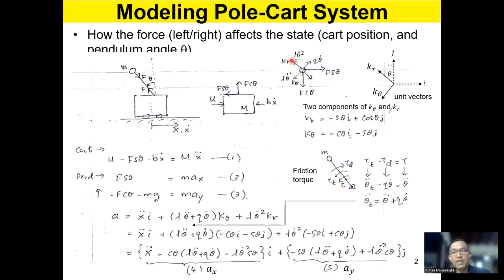And then radially outward, you have another acceleration. That is a centrifugal acceleration, L theta dot square. So there are two linear accelerations on the pendulum. One is tangential, the other one is radially outward. Okay.